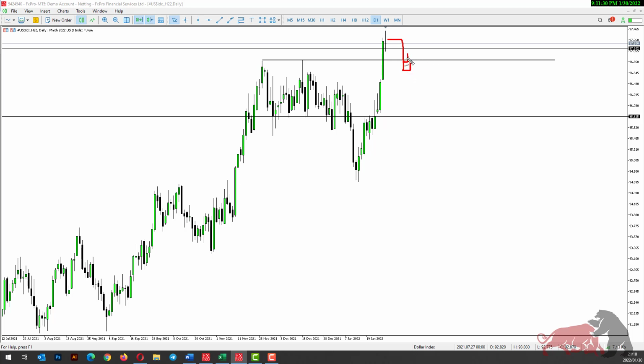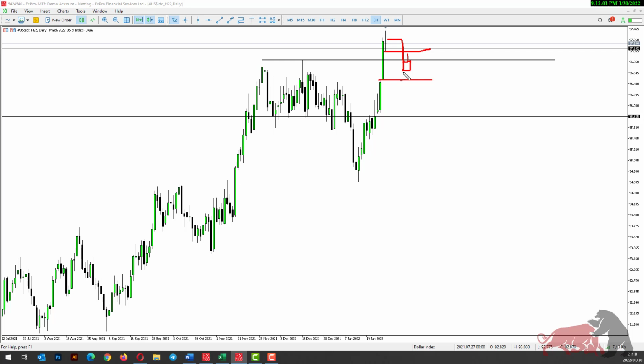Now, this candle close can happen either on H4 or D1. On an H4 break and close below, expect this imbalance to be filled. You expect price to trade and fill up these imbalances. Now, remember, the candle close below 96.88 is only going to be facilitated by a strong release from either the ECB or a negative release for the United States dollar.